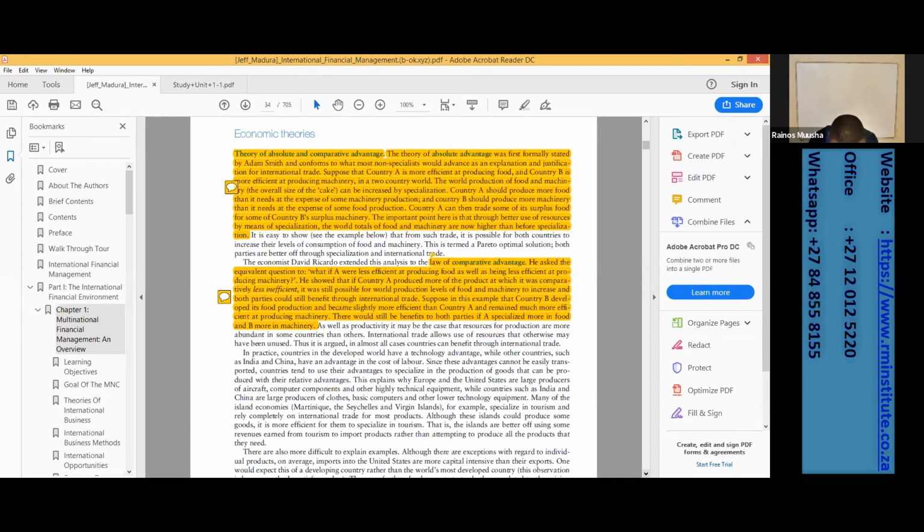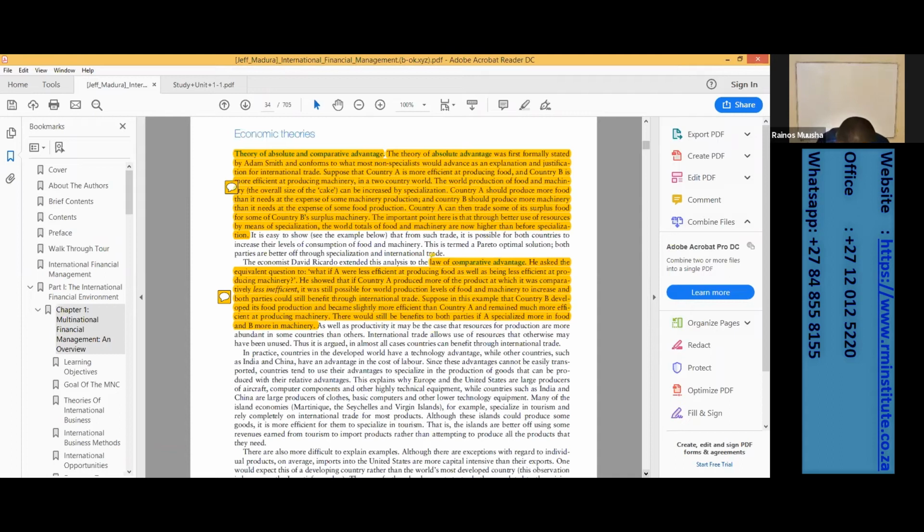So suppose that country A is more efficient in producing food and country B is more efficient in producing machinery in a two-country world. The world production of food and machinery can be increased by specialization. So country A should produce more food than it needs at the expense of some machinery production, and country B should produce more machinery than it needs at the expense of some food production.